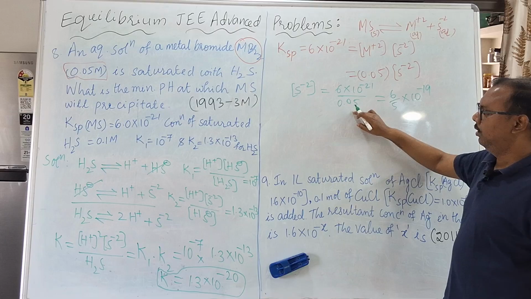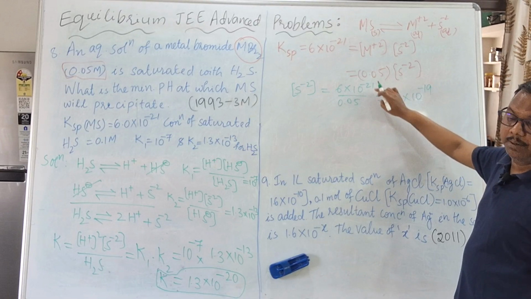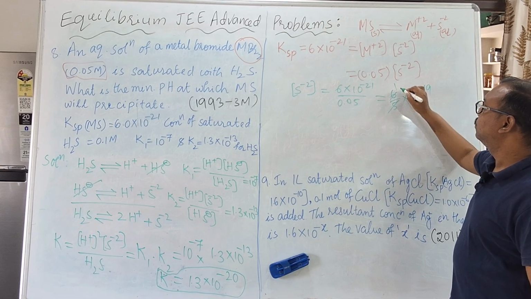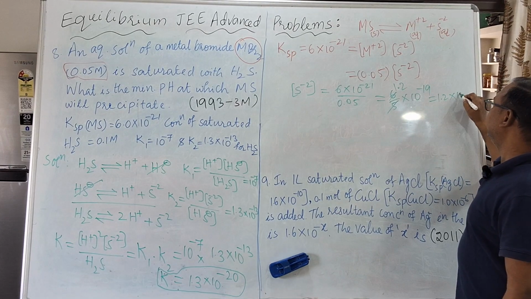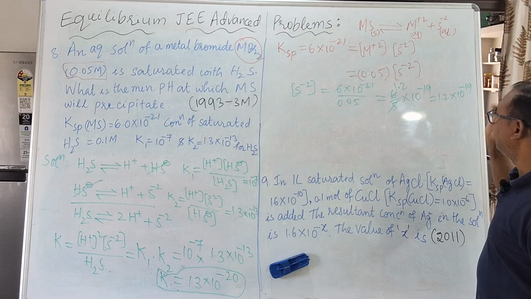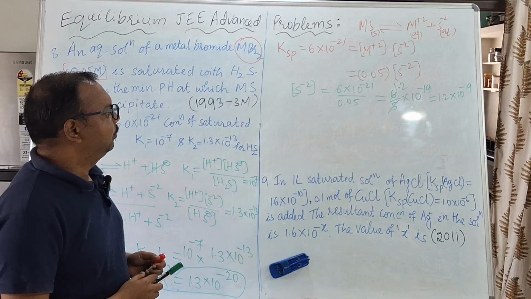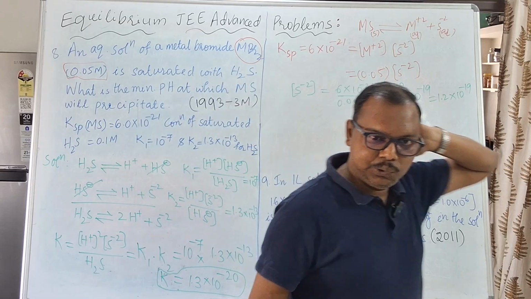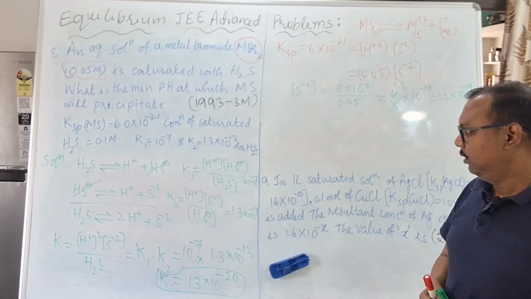Five ones are 5 and five twos are 10, so 1.2 into 10 power minus 19. That is the concentration of sulfide ion, which is important to remember. After formation, we got the concentration of S minus 2. But what the question asks about, here we require the concentration of H2S.